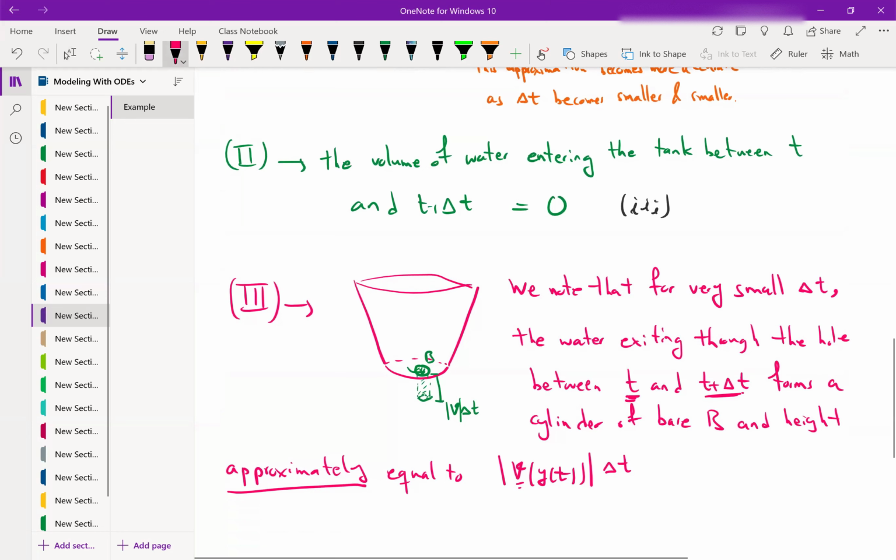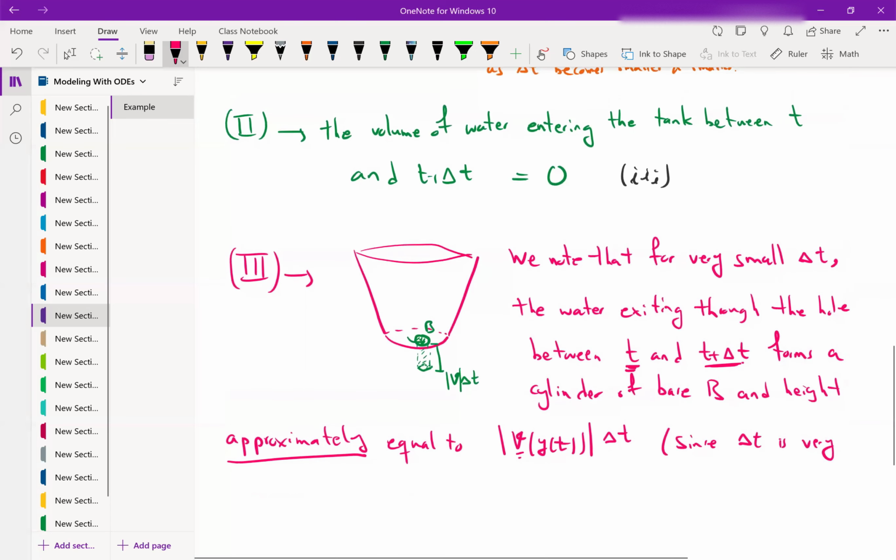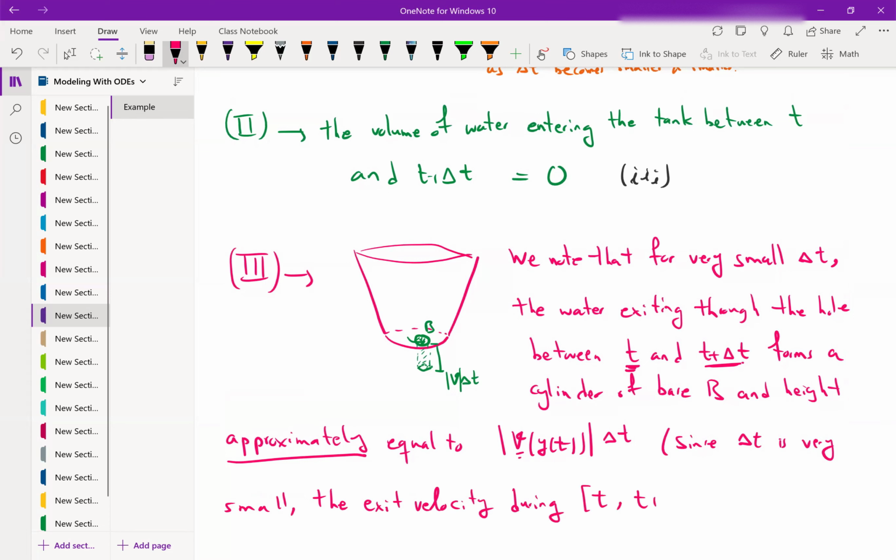So let me also explain what I just said. Since delta t is very small, the exit velocity during the interval from t to t plus delta t is not, in reality, a constant function.